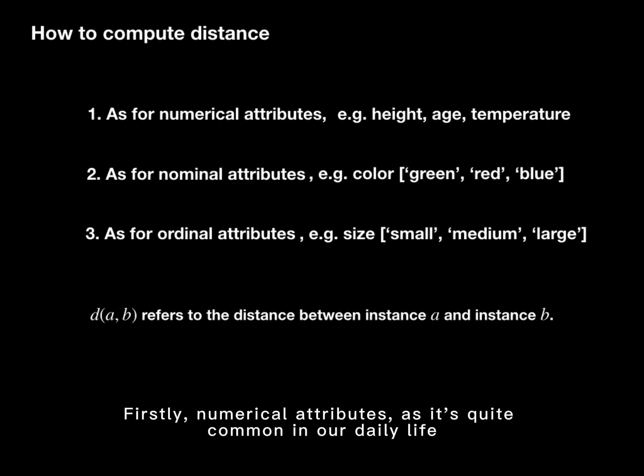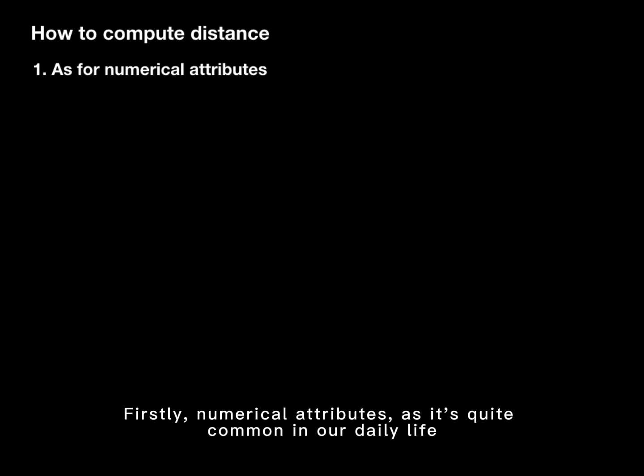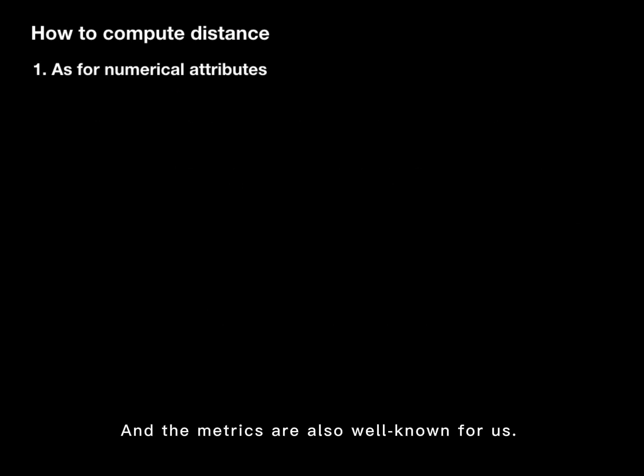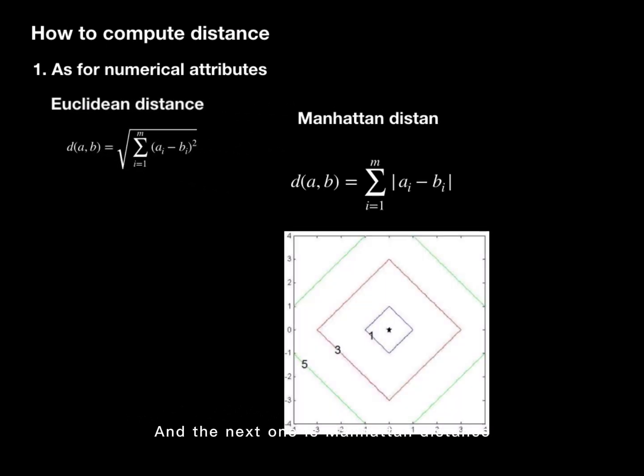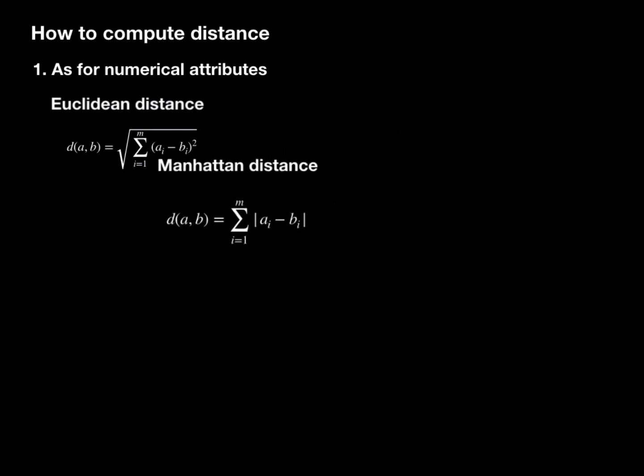Firstly, numerical attributes. They're quite common in our daily life, and the metrics are also well known to us. The first one is Euclidean distance, and the next one is Manhattan distance. Here, I just directly show the formula.